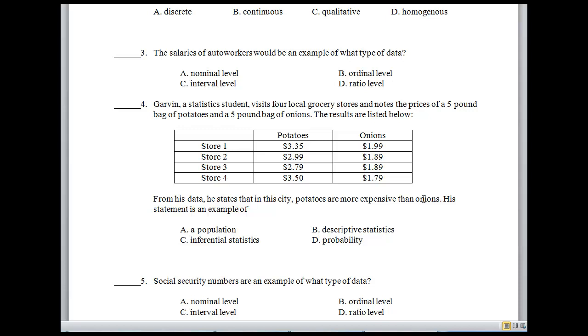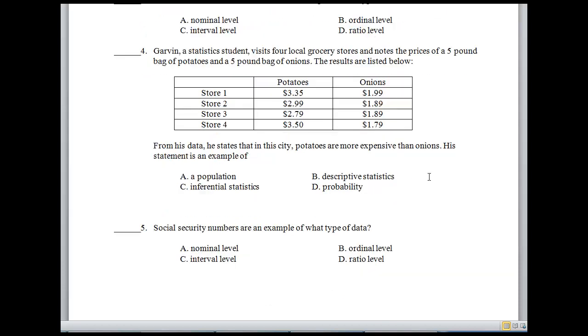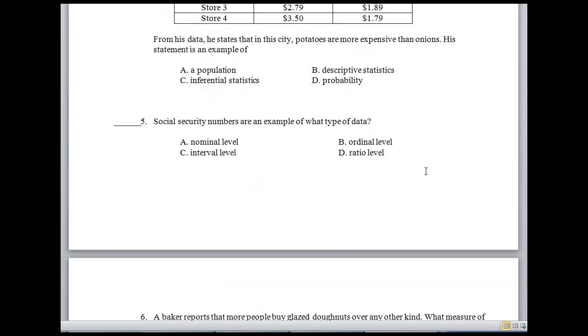So it's a city. We debated about this yesterday, but I'm thinking a city has more than 4 grocery stores. Okay, so this would just be a sample, and so we're taking what we learned about this sample and making an inference about the entire population of grocery stores in this city. Okay, inferential statistics. Very good. You did a good job of narrowing it down. That was good. Okay.